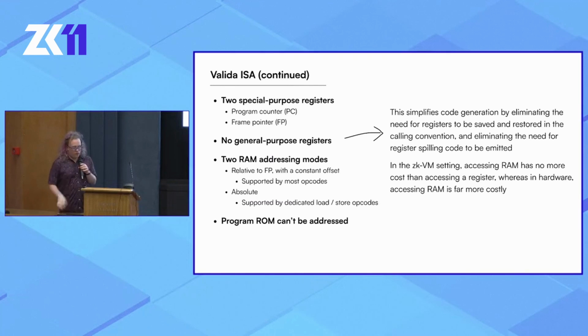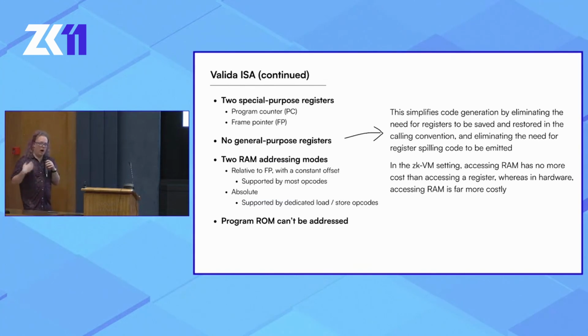So the way that we work with memory is that you can address it in two different ways, either relative to the frame pointer or using addresses. So instead of an instruction reading something from one of 32 registers like you have in RISC-V, you put everything in main memory and address it using offsets from the frame pointer.